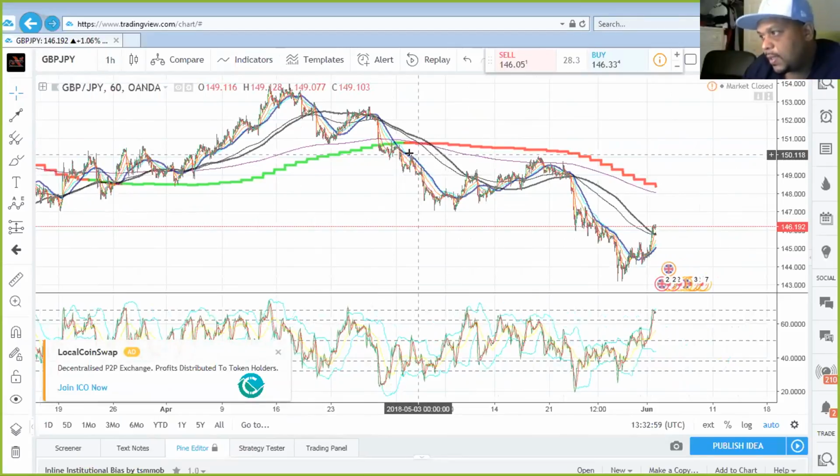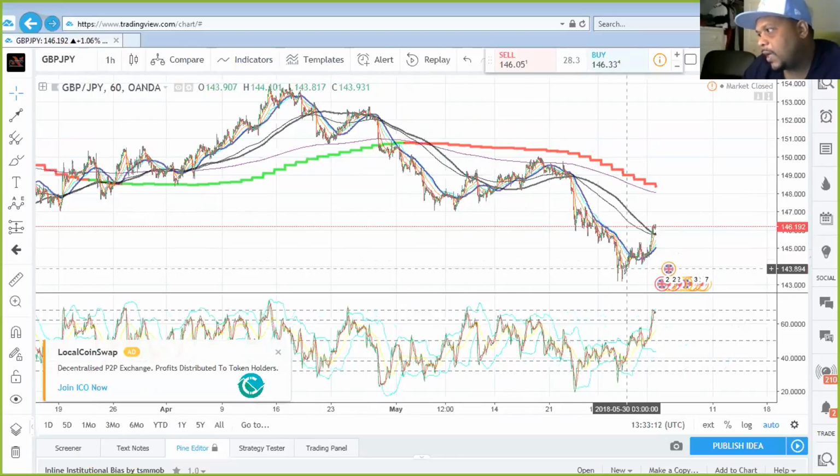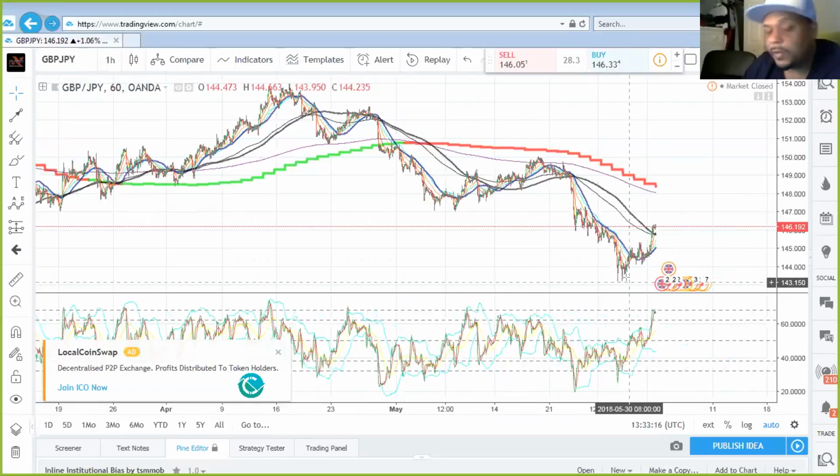But on the other hand, this would have been a for sure bet. Like for sure. So if you would have got in there, you would have been at 149.442 and 143.16, whatever. It's 700 pips, 600 pips.